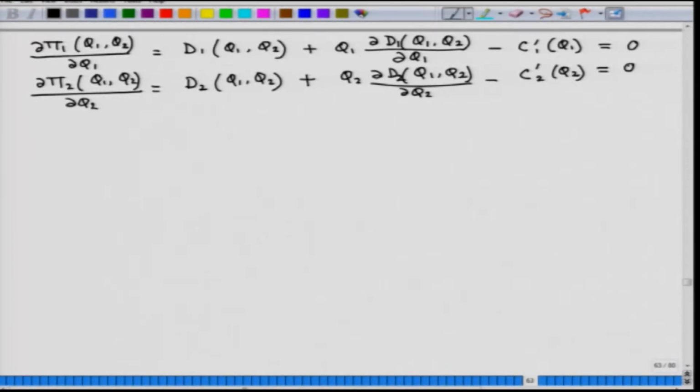Okay. So, now let me name this 3 and 4 equations. Okay. Fine. Now, from 3, what do I get?